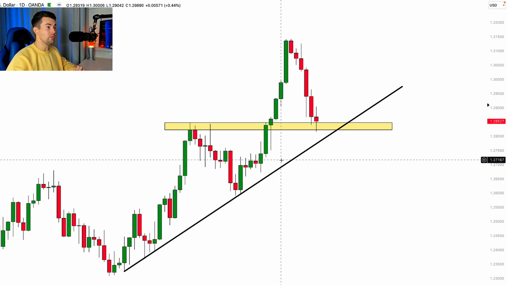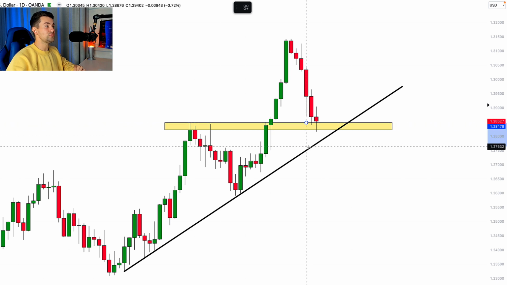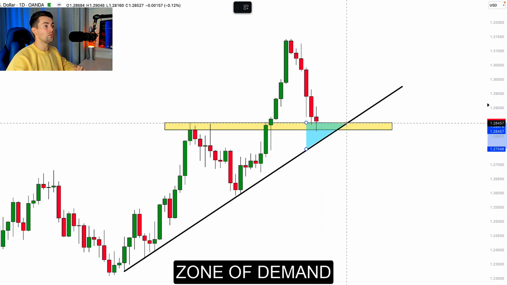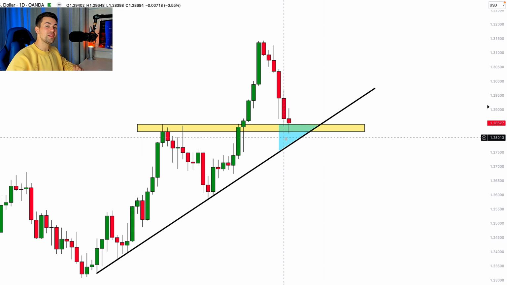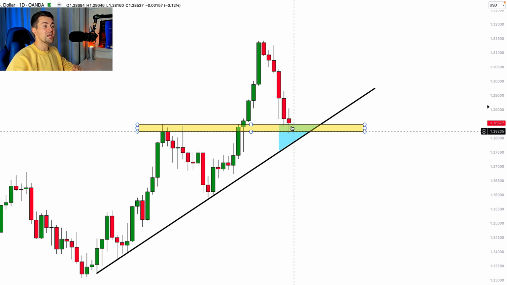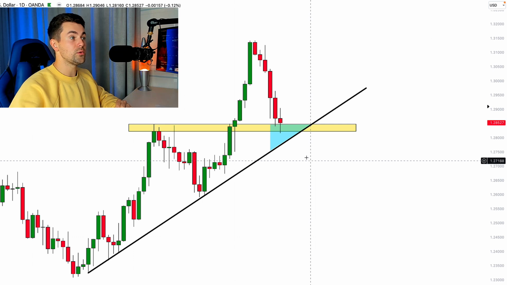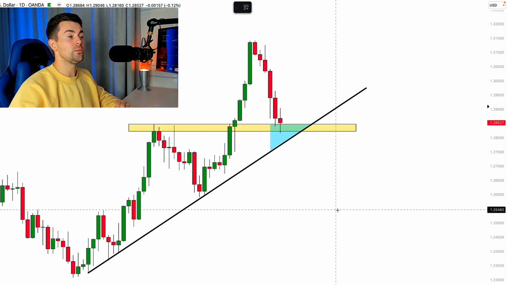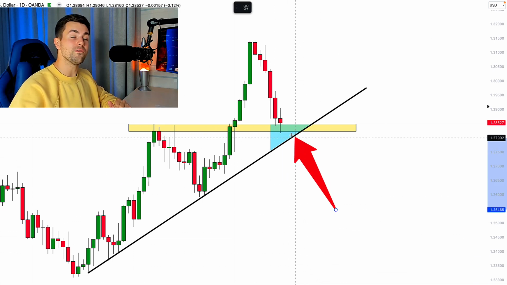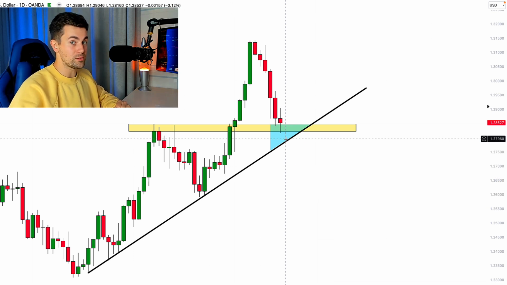So the trend line and the horizontal structure compose the contracting zone of demand, and that will be the area from where we can expect the trend following movement. That will be the area from where we can expect the next bullish move. So your task next week will be to monitor the reaction of the price to that area on lower time frames and look for a confirmation to buy.